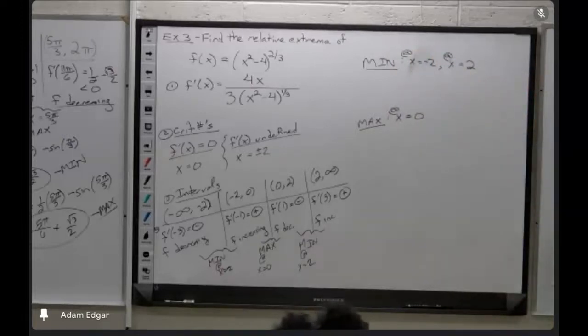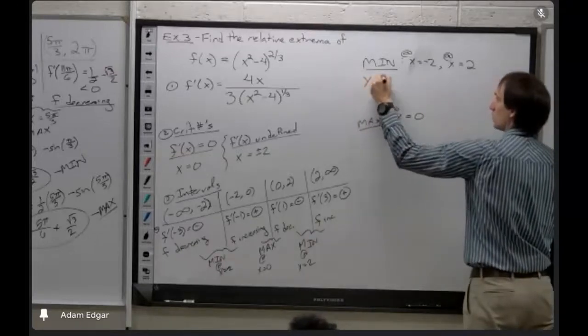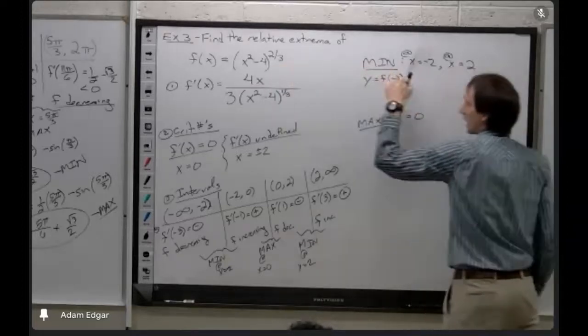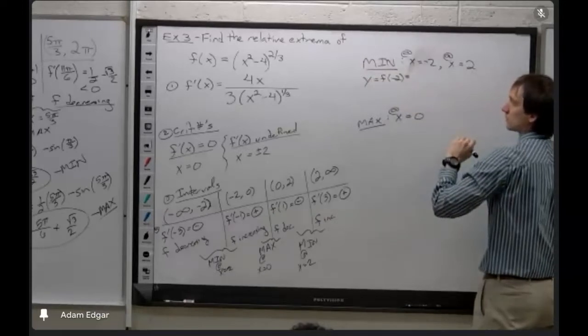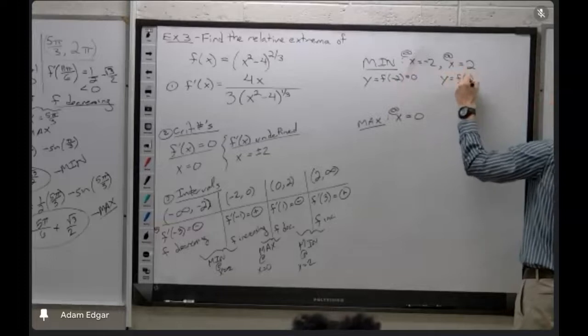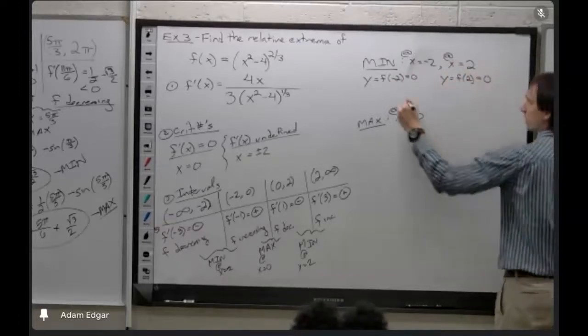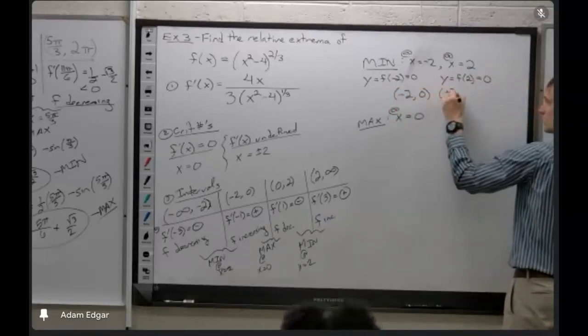So you would take these and plug them in and say, all right, y equals f of -2. When we plug -2 in, what do we get back? 0. And for y equals f of +2, you plug in +2, and what do we get back? I think also 0. So your minimums as points are (-2, 0) and (+2, 0).